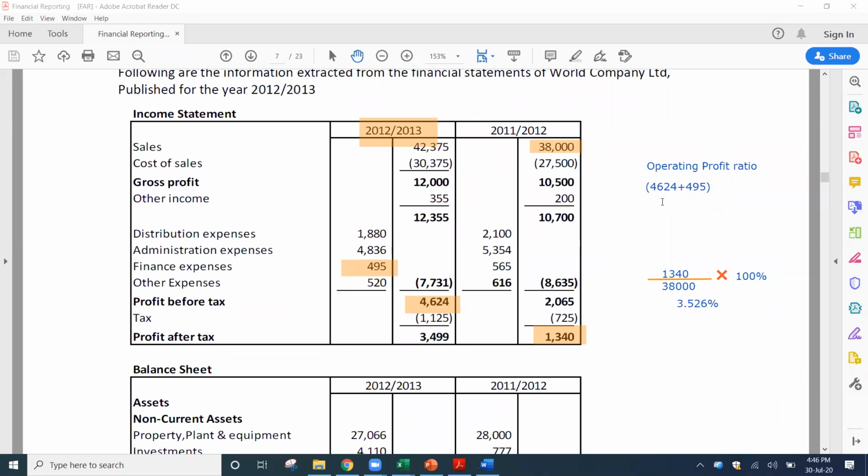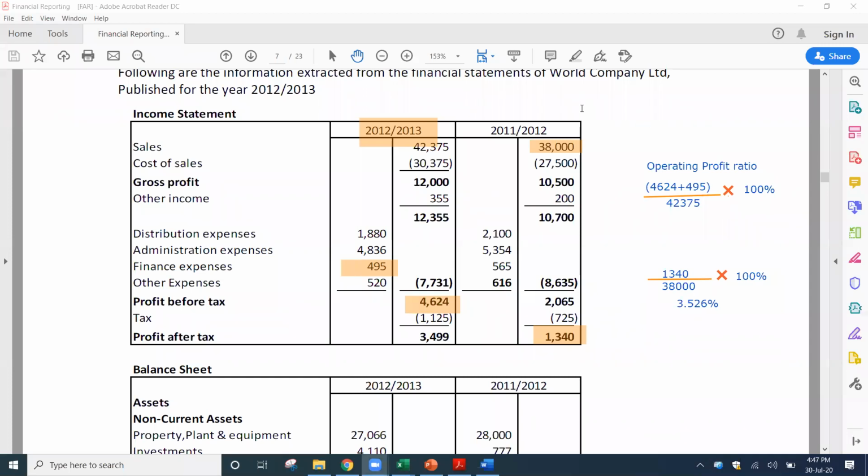That's the operating profit. Divide by sales 42,375 into 100%.